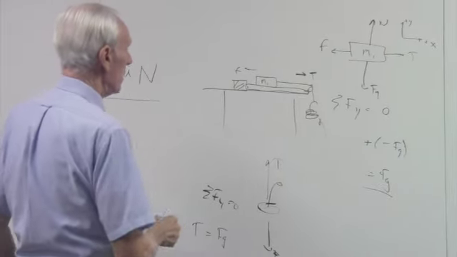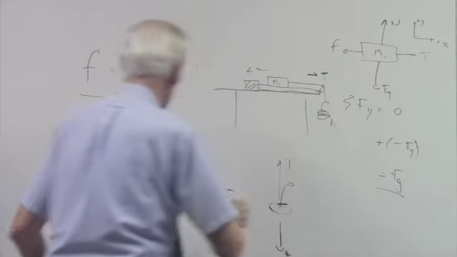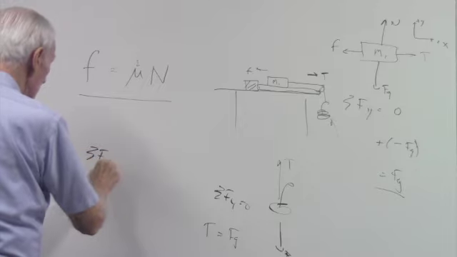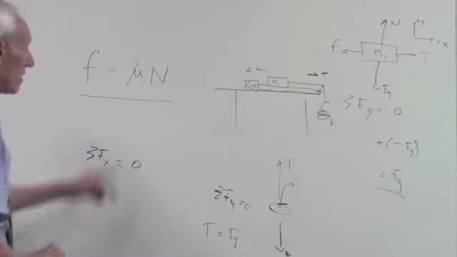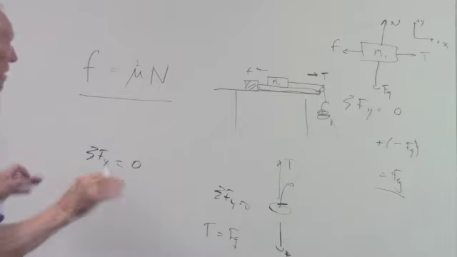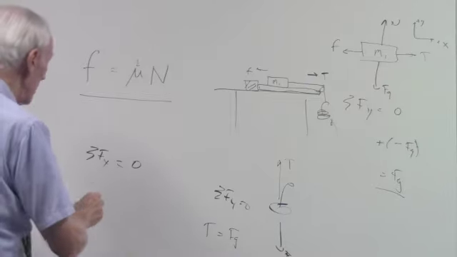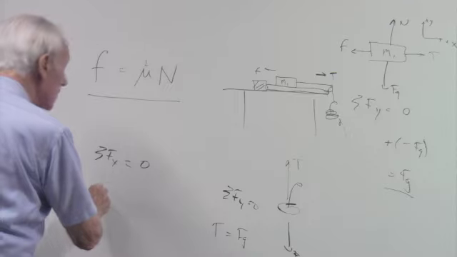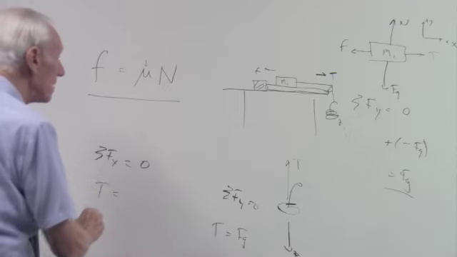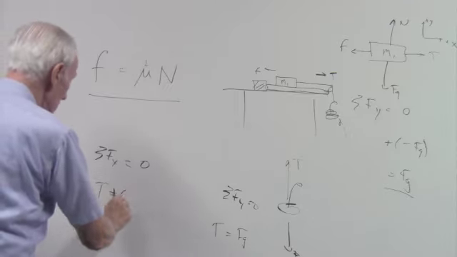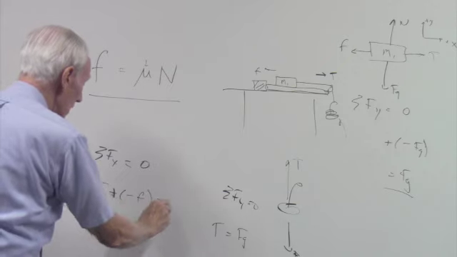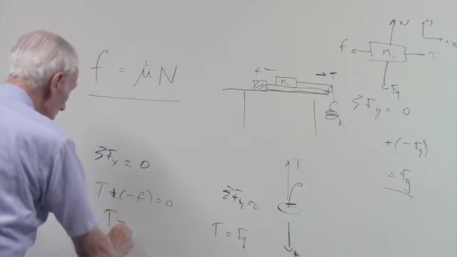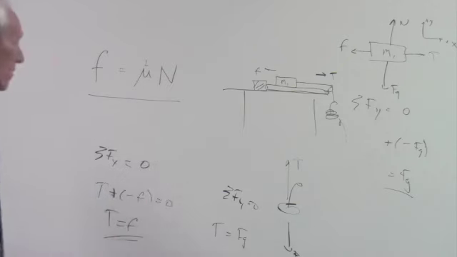And so for the x direction, the sum of the forces in the x direction is, again, 0 because it's a constant speed. You're making it a constant speed as best you can. So the sum of the forces is 0, which gives you the tension in the x direction plus the friction acting opposed to it, which means the tension and the friction are equal.